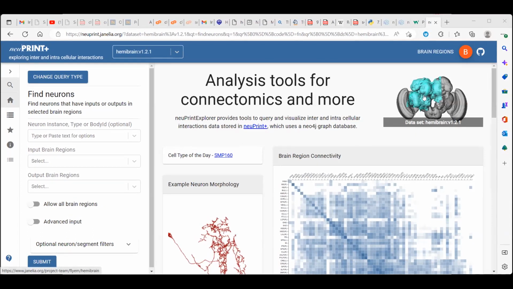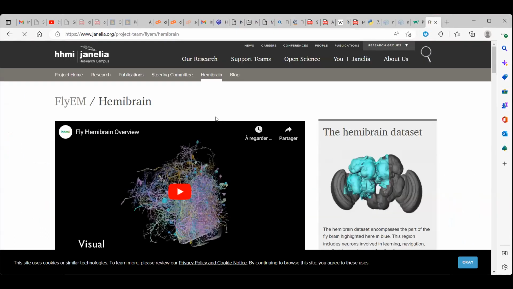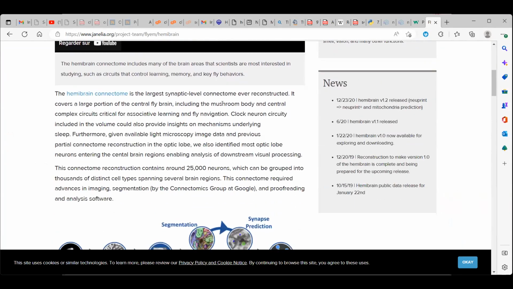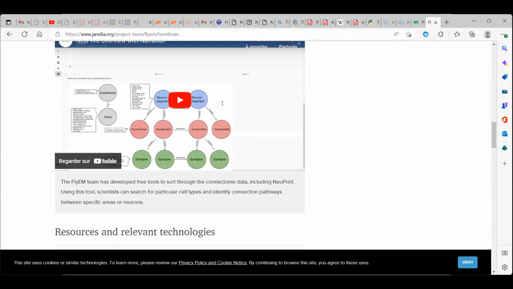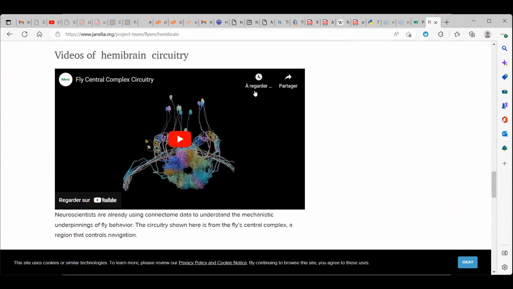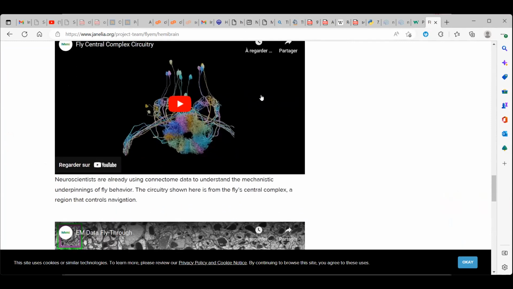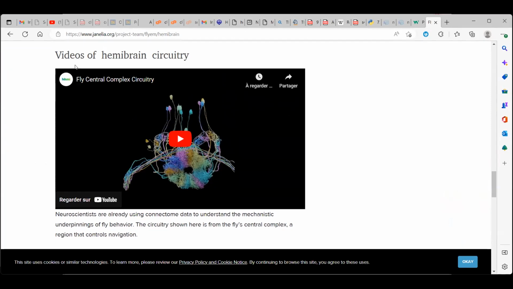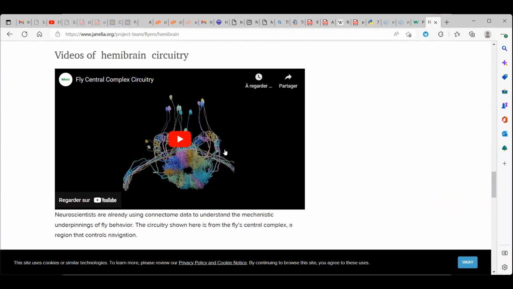If I click here, I can see this, and this explains. There's a lot of information about the fly's central complex, the fly's brain.